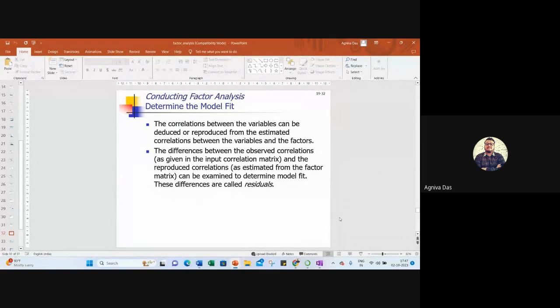Now, the differences between the observed correlations, which is given in the input correlation matrix, and this reproduced correlation, which is estimated from the factor matrix, can be examined to determine the fit of the model. And this will be known as residuals. Again, we have already done this in our previous session.